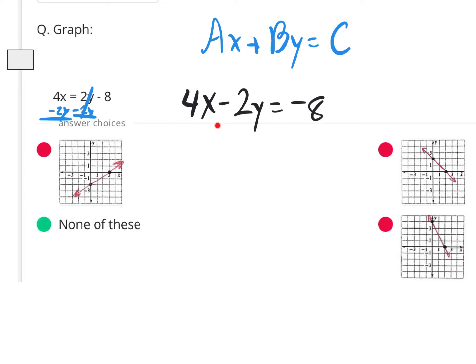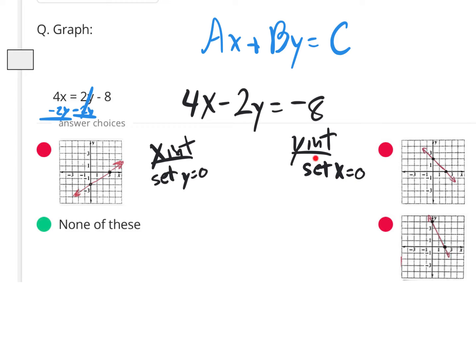Now this is in standard form. Now we could find the x-intercept and the y-intercept. To find the x-intercept, we set the y equal to 0 and solve. To find the y-intercept, we set x equal to 0 and solve. So you could actually show this work, right? So let's set the y equal to 0.